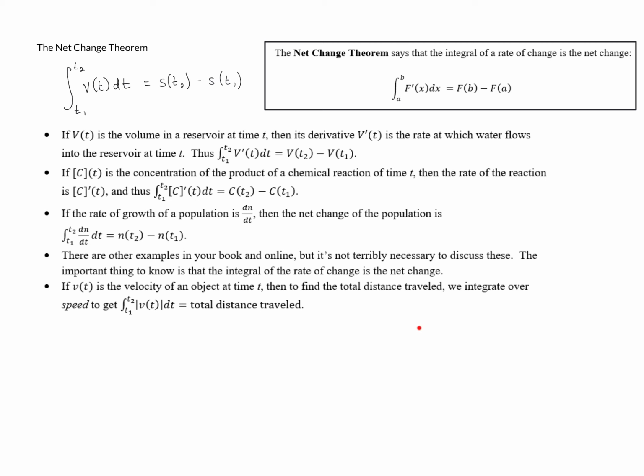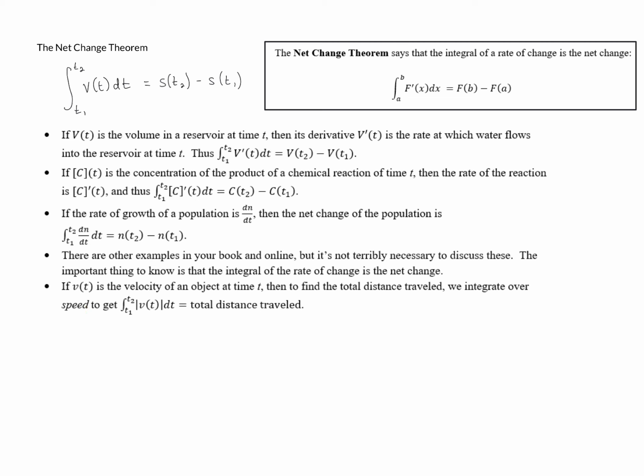If someone was pacing back and forth over and over again, and we had this as a velocity function, then we might want to know actually how far did they travel, not just the distance between their starting point and ending point. If we want to know the total distance traveled, we integrate over speed.